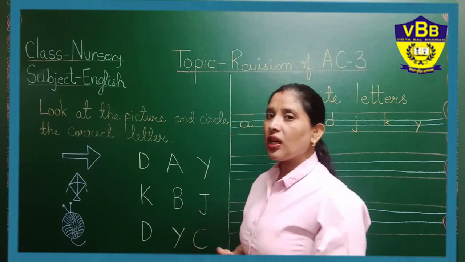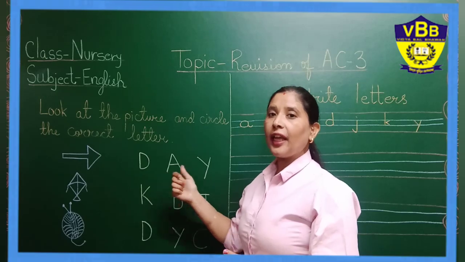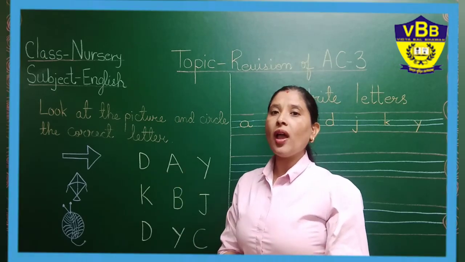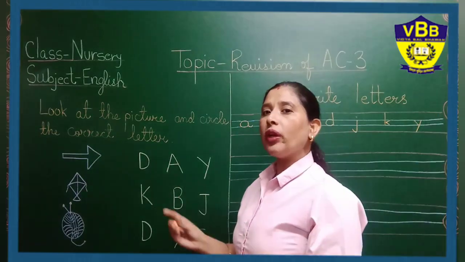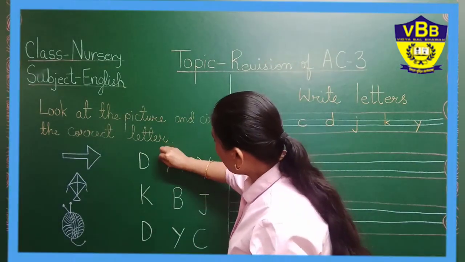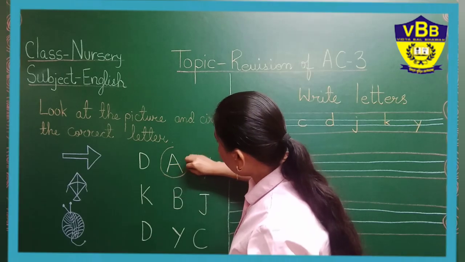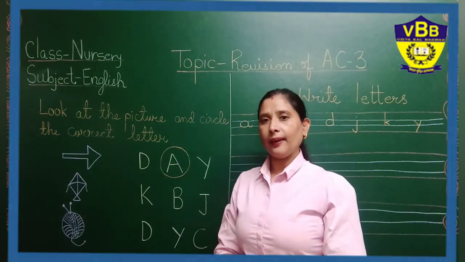Yes, this picture starts with letter A because letter A gives us the sound of a. So what we will do? We will circle the letter A. You all have to use your pencil and circle the letter A.